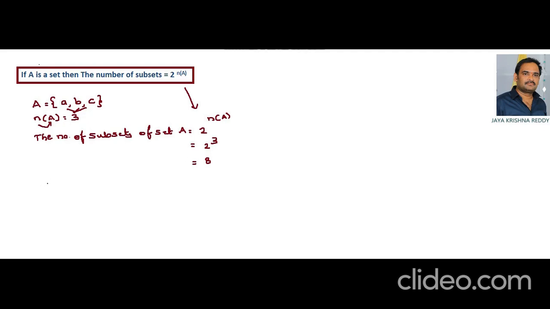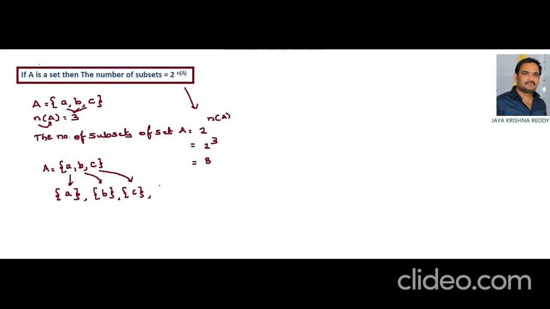The subsets are: we can write {a} as one subset, {b} as another subset, and {c} as another subset, where the given set has elements a, b, c. So we write each single element as a subset.